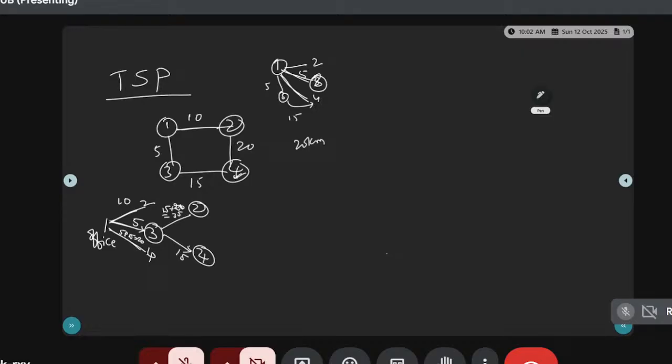Otherwise, this is not directed, it is bidirectional. We can move from 3 to 1, that is 5, then again 10, 3 to 1, 1 to 2. So that is 5 plus 10 is 15. If two are the same, you can select any one randomly.